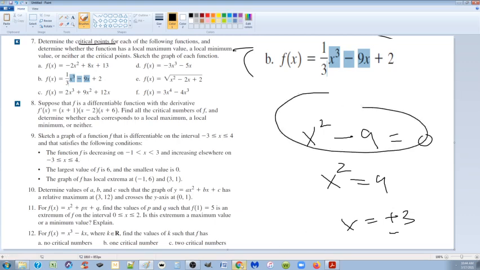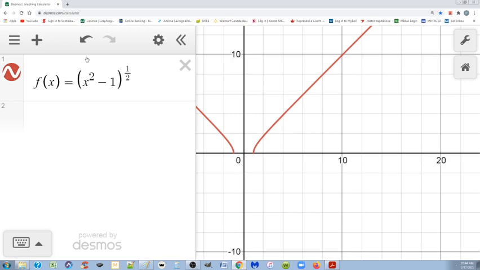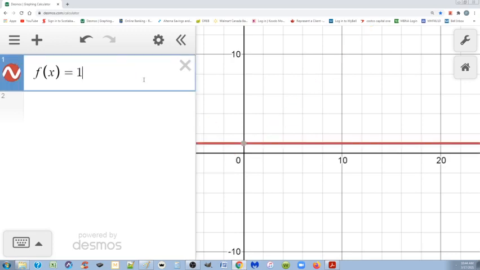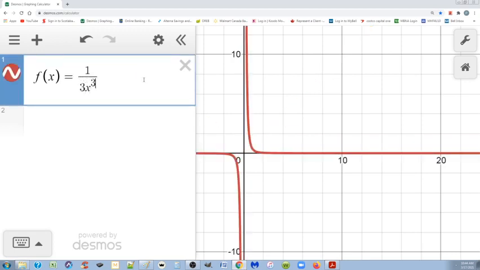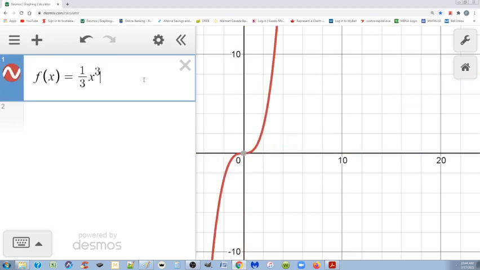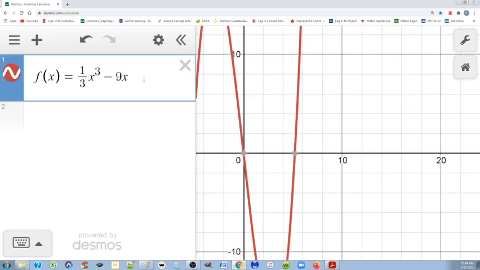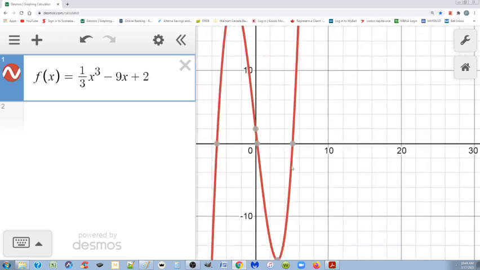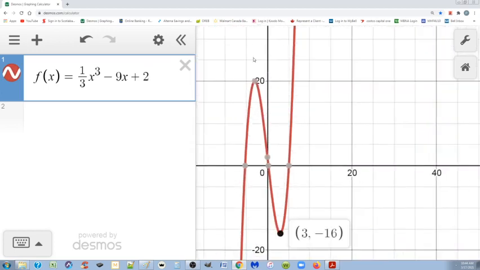Let's just put it in Desmos. Okay. There, okay.